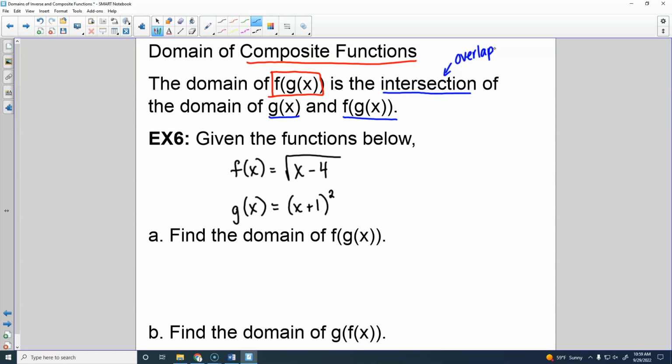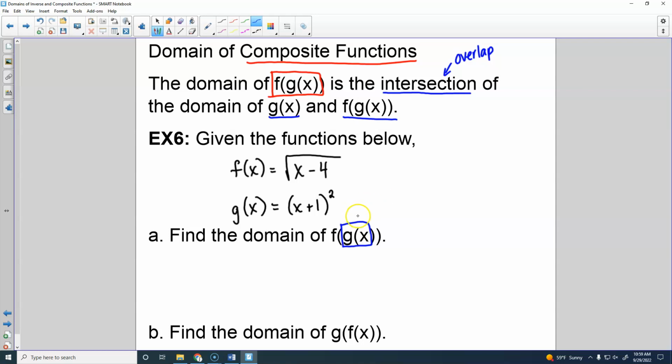So if we're looking at A, where it asks us for the domain of f of g of x. Whenever we're finding f of g of x, like if I were finding f of g of 4, of a number, I would plug the number into the g of x first. That's my inside function. So if I get undefined there, then I can't get a value for f of g of x, right?